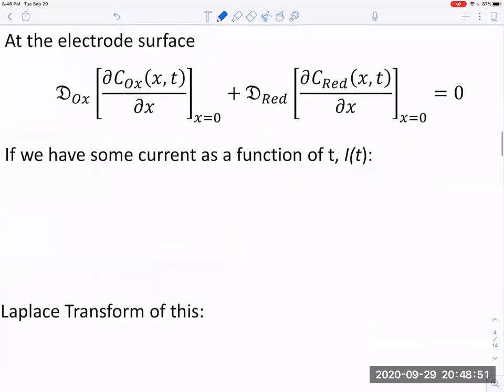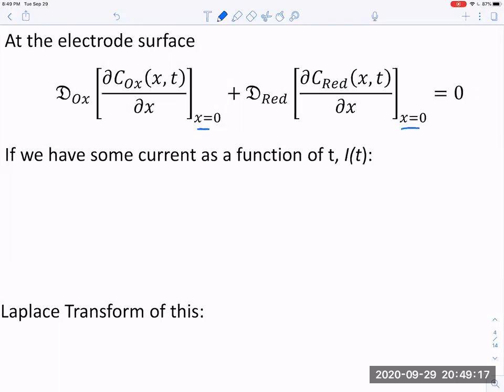So at the electrode surface, x equals 0, we have the diffusion coefficient of the oxidized species multiplied by the derivative of the oxidized species concentration with respect to x, plus the diffusion coefficient of the reduced species times the derivative of the reduced species concentration with respect to x at that same location, is going to be equal to 0.